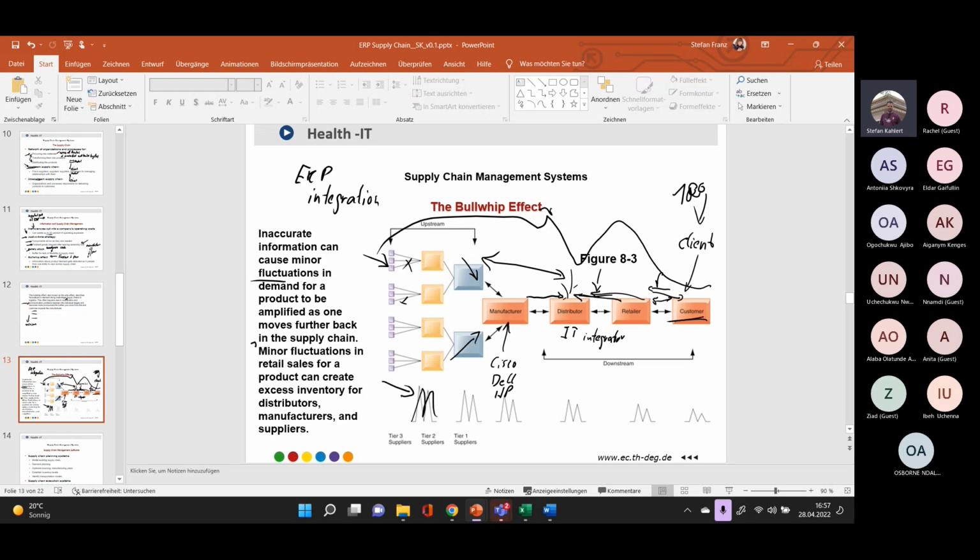I mean, it does not happen very often, but if it happens, and you have to send it back, it costs more time. The retailer has to check what went wrong, the distributor, and then maybe sooner or later it goes back to the manufacturer, and all this effect costs money. And it can create excess inventory if you have bad planning for distributors, but also for retailers, manufacturers, and suppliers.